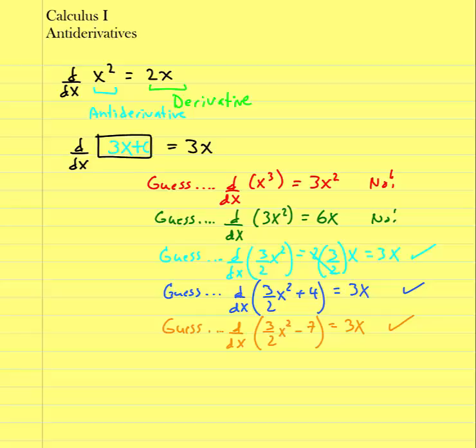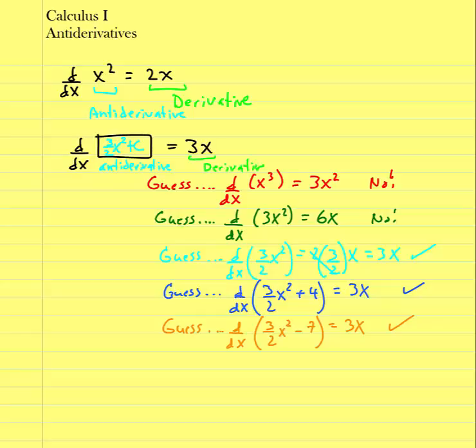Not just 3/2 x squared, but an entire family of functions with any constant added to it. So the antiderivative here is 3/2 x squared plus c. So I filled in the wrong blank there. So 3/2 x squared plus c. So that's my antiderivative when my derivative is equal to 3x.